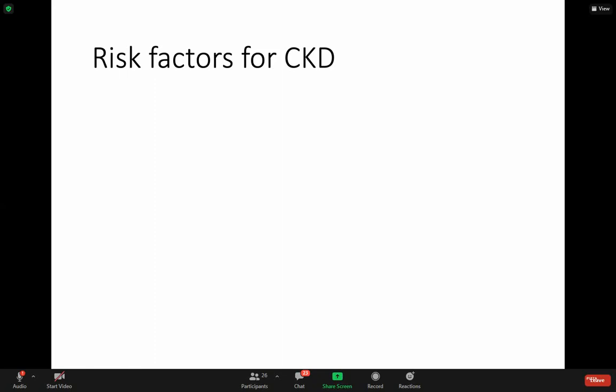Hypertension, yes. Family history, right, family history of renal disease. Okay. So the main two risk factors for chronic kidney disease in our society are diabetes and hypertension. Both are the leading cause of end-stage renal disease in our society.